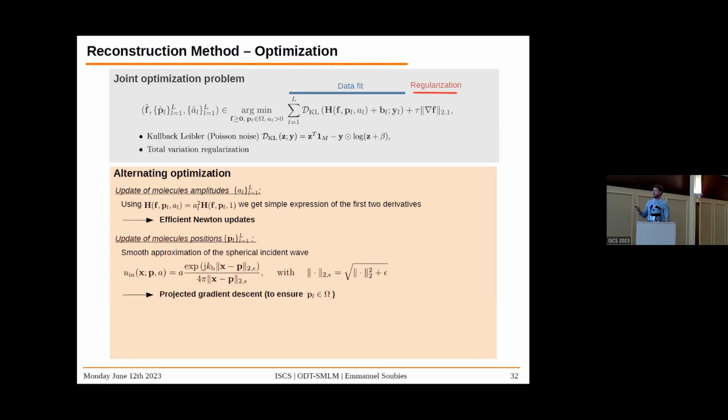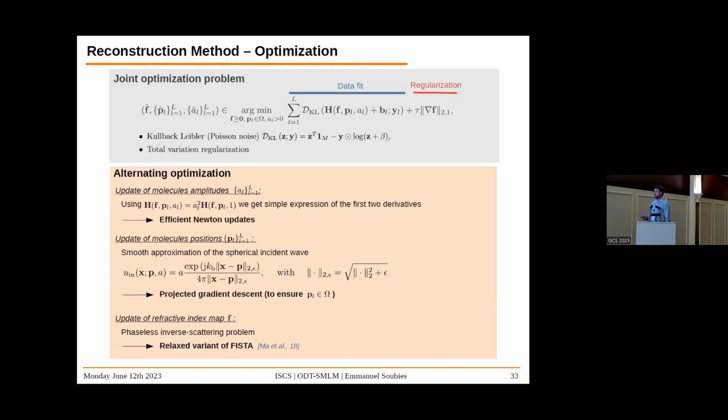Concerning the update of the position of the molecule, we also want to derive a gradient-based method, but the problem we faced was that the incident field, the emission of one fluorophore, this spherical wave, was not differentiable. So we smooth the norm by adding a small epsilon to make it differentiable, and we can have a closed form expression of the gradient and deploy a gradient descent here.